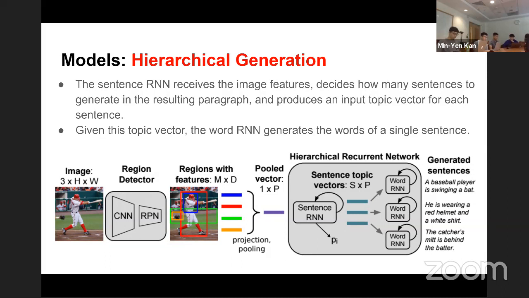So in their model, they first use a sentence-level RNN to generate the hidden states for each sentence, and these hidden states are also computed based on the attention over the regions in the image. In this case, they can ensure that the sentence states actually focus on different regions in the image, and for each sentence hidden state, they then feed it into a word RNN to generate the actual sentence, as you can see on the right.